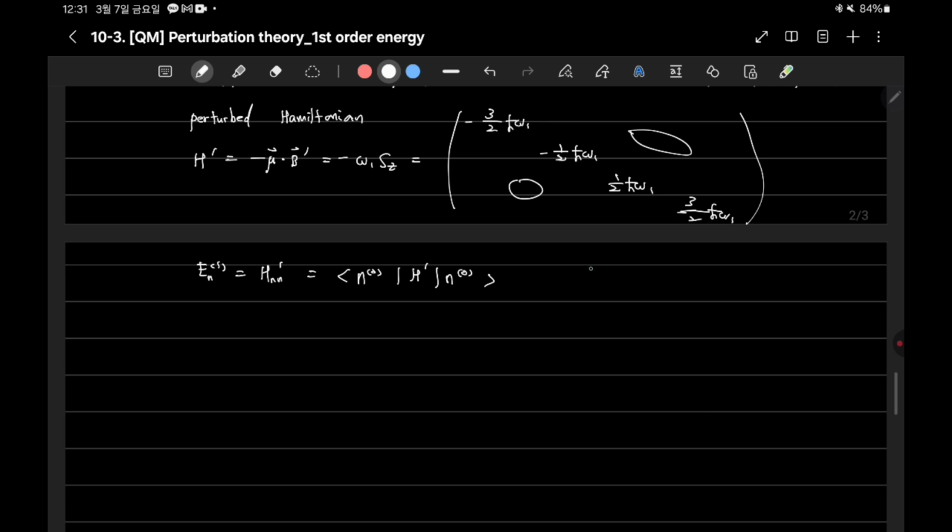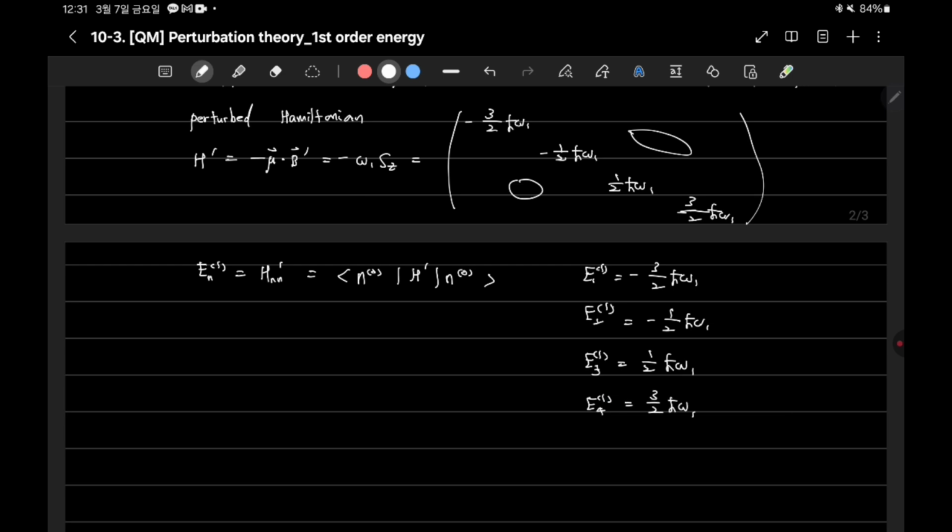So the first energy is minus 3/2 h bar omega 1, the second energy first order is minus 1/2 h bar omega 1, the third state first order is 1/2 h bar omega 1, and the fourth energy for the first order is 3/2 h bar omega 1.